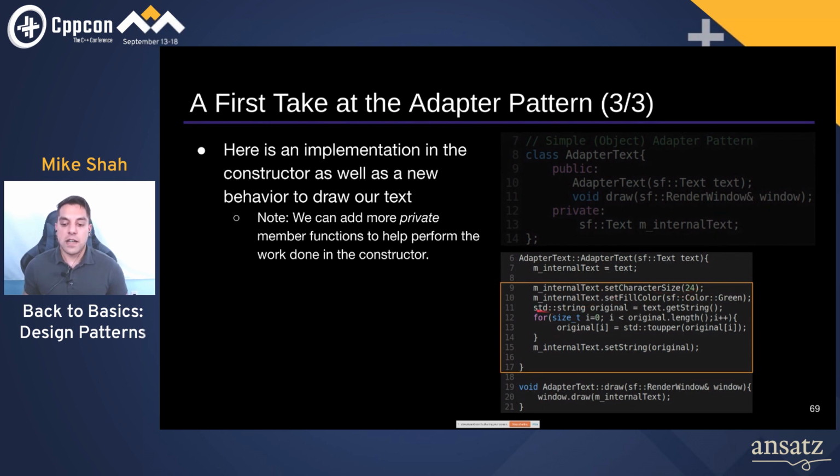Then I've got a little loop here for making sure that all of our characters are uppercase, and then finally setting that string. So I've adapted this object to fit our new interface. And then this second new behavior is how I can draw this object. I can add as many other behaviors as I need in my adapter, but I've added one here to actually draw it.